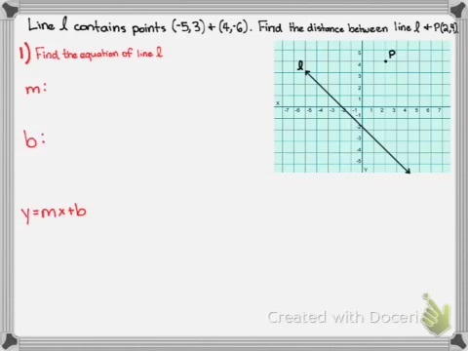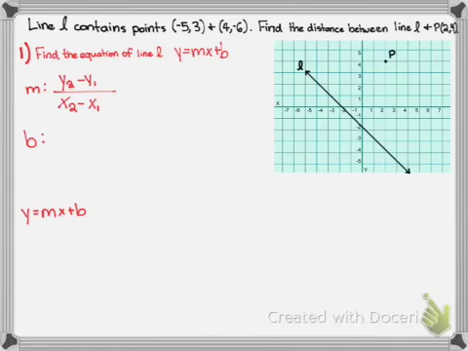So the first step is to find the equation of line L. And we want to make sure that we get it in y equals mx plus b form. So the first step in doing that is to find the slope. If you remember, slope is y2 minus y1 over x2 minus x1.